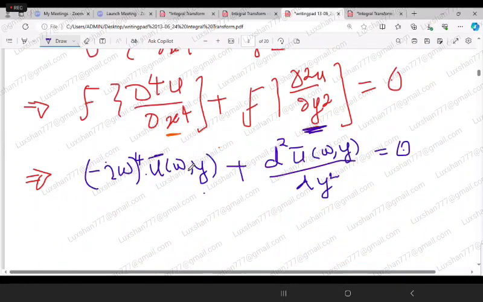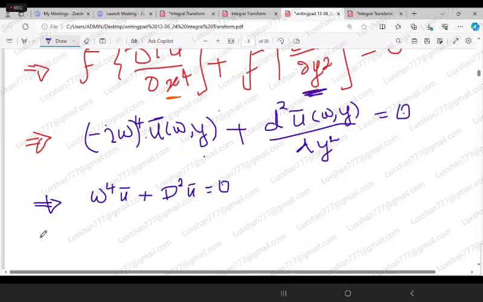Now if you simplify this, (−i)⁴ is 1, since i⁴ is plus 1. So this becomes ω⁴ū plus the second derivative, which you can write using the differential operator as D²ū equals 0.